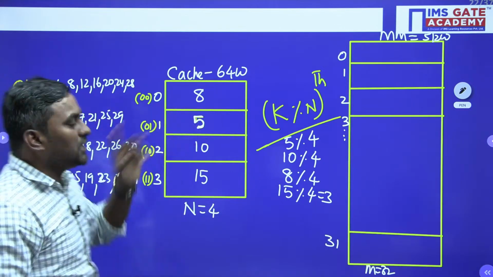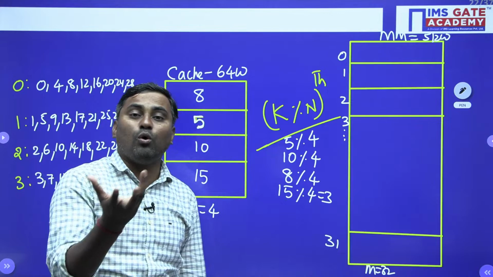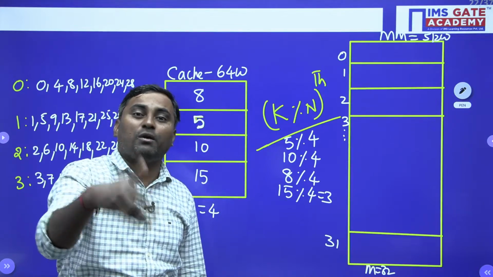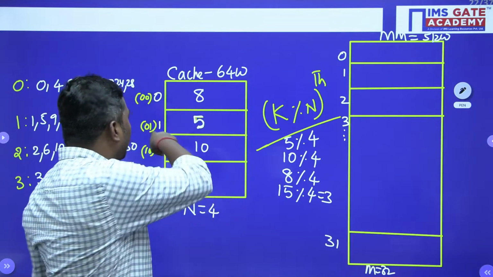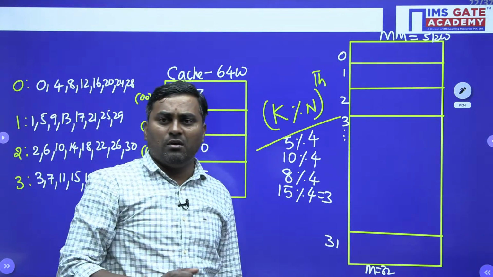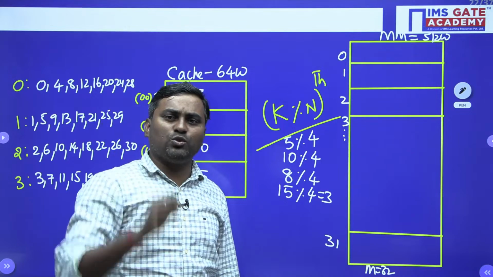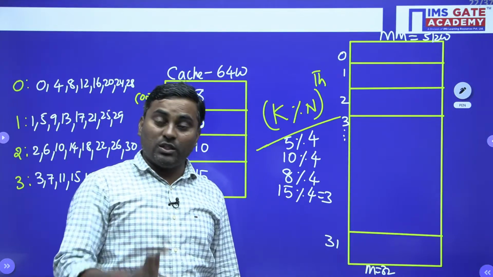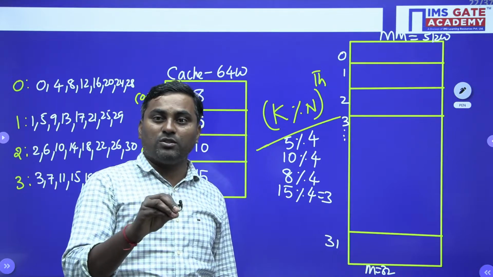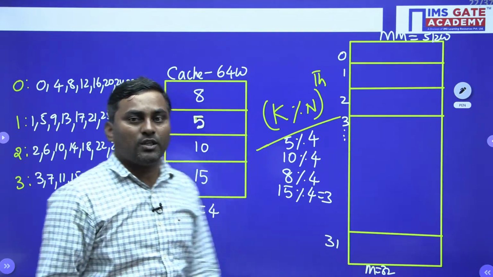Any one of these blocks can be present. But how to know whether the present block belongs to you or not? I simply got a block number address and searched it, saying that the block is there, but how do we guarantee that the block belongs to you? That information is missing. Hence this 2-bit block number is not sufficient. Some more information is required to search.